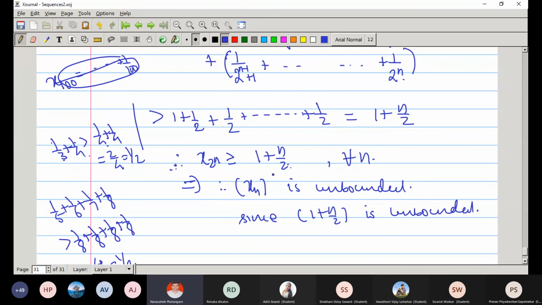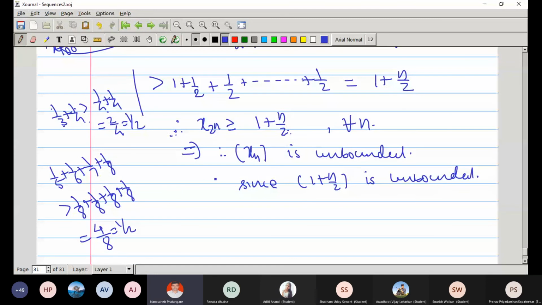Because if your n is larger and larger, 1 plus n by 2 becomes larger and larger, and x2 raised to n is a larger quantity. And so therefore the sequence xn is not bounded above.